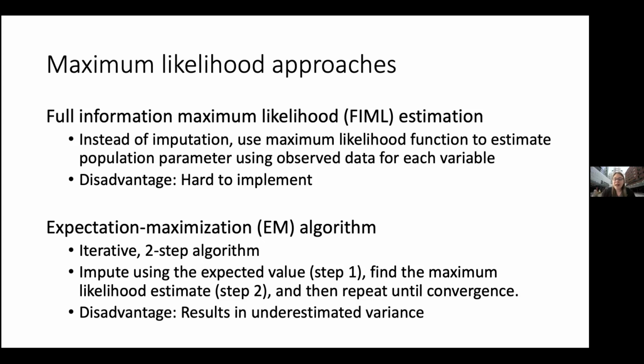You find if that's the maximum likelihood estimate, and if it's not, then you do a different imputation as you go through this process, and you repeat over and over until it converges, convergence being that your estimate doesn't change very much. This is not particularly used either now that we have multiple imputation, and a disadvantage of this is that we underestimate the variance in doing the EM algorithm.